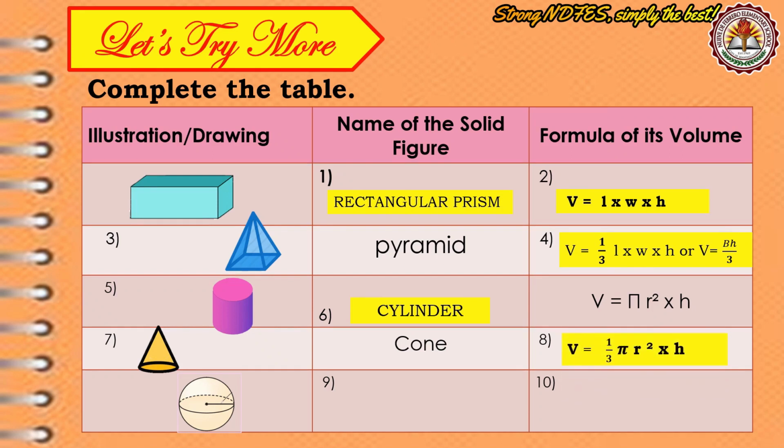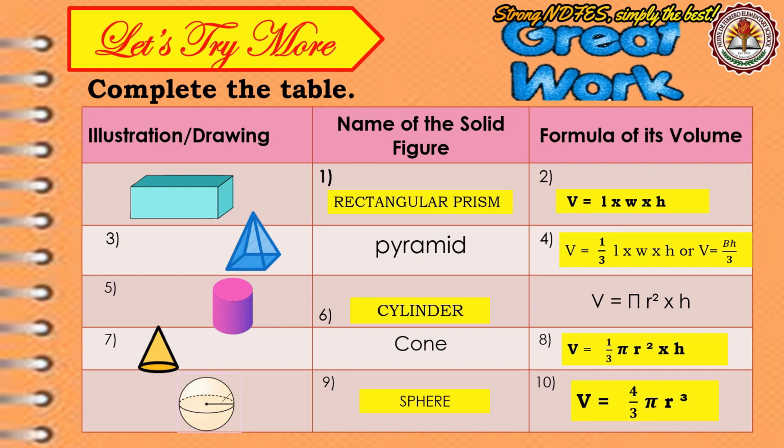Magaling! Let us have number 9. What is the name of the given solid figure? Very good. It is a sphere. What is the formula of its volume? Tama. Volume is equal to 4/3 times pi r cubed. Great work, children.